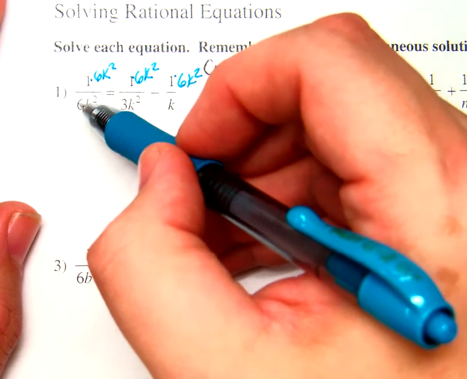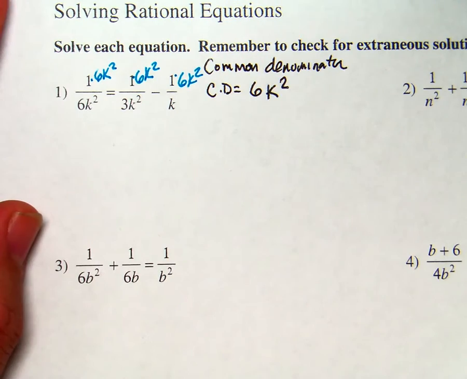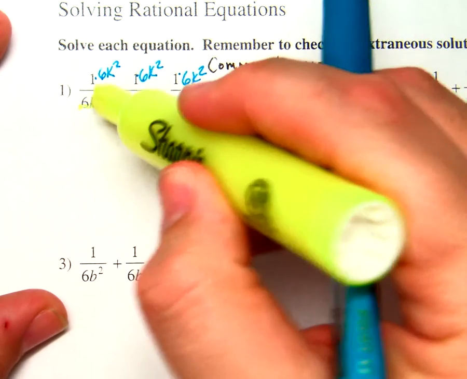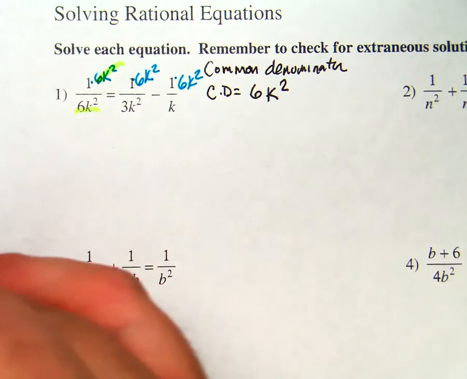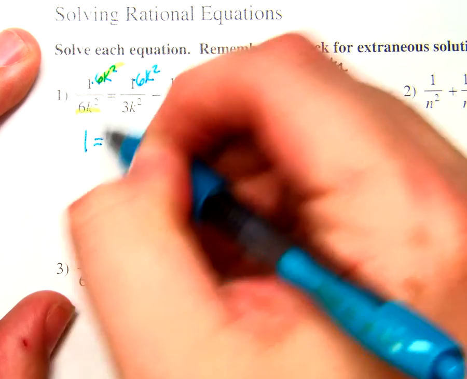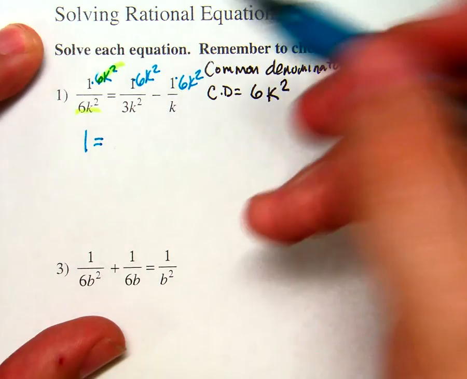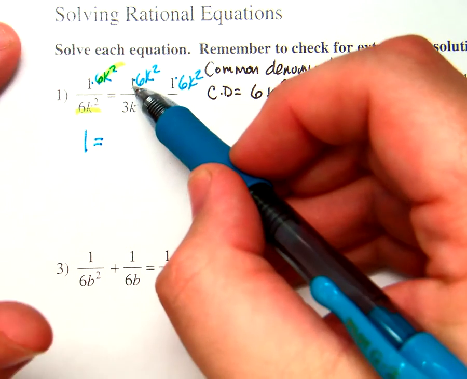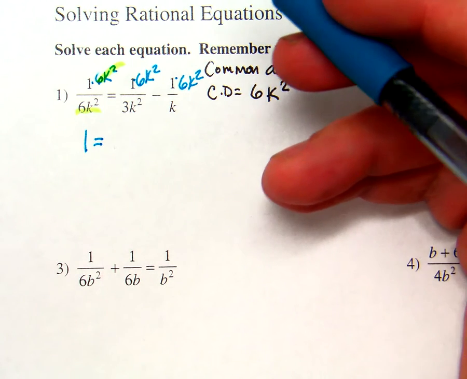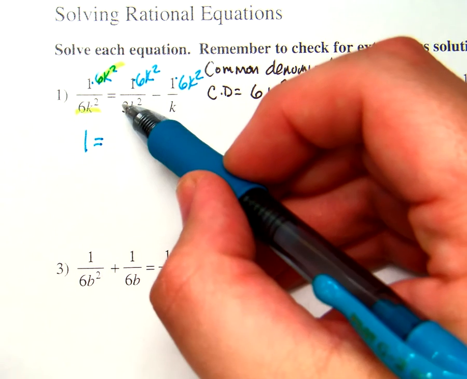Now, what divides out in the first term? The whole 6k squared divides out. What's left over? 1. So when everything divides out, you're left with 1. Now here the 1 doesn't matter because anything multiplied by 1 is itself. I have a 3 in the denominator, a 6 in the top.